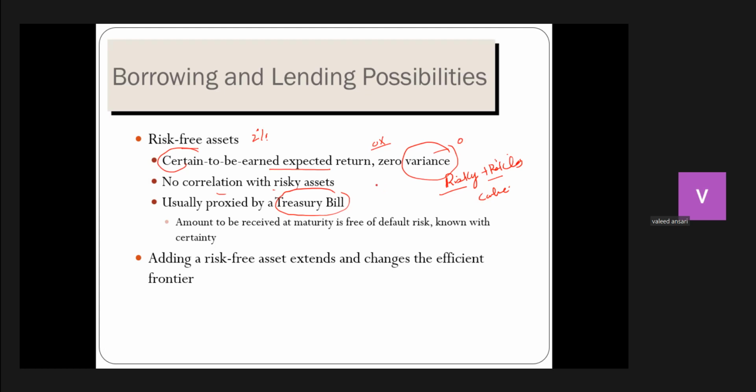But when Tobin, in 1957, who is again a Nobel Prize winner in economics, received the Nobel Prize not for this contribution but for other contributions as well, combined the Markowitz security with the risk-free asset, the efficient frontier, which was a curve like this, became a straight line like this.